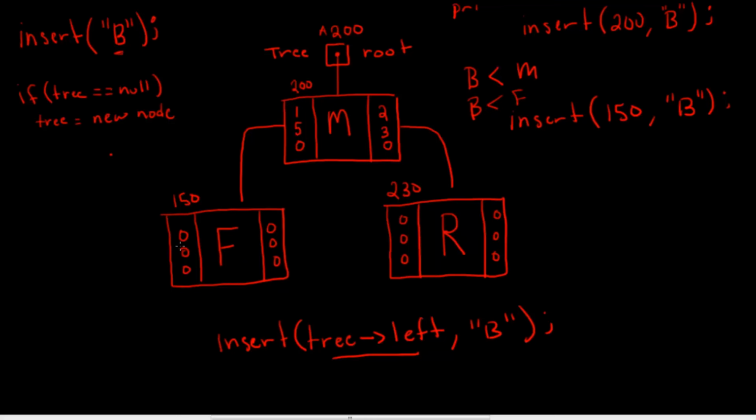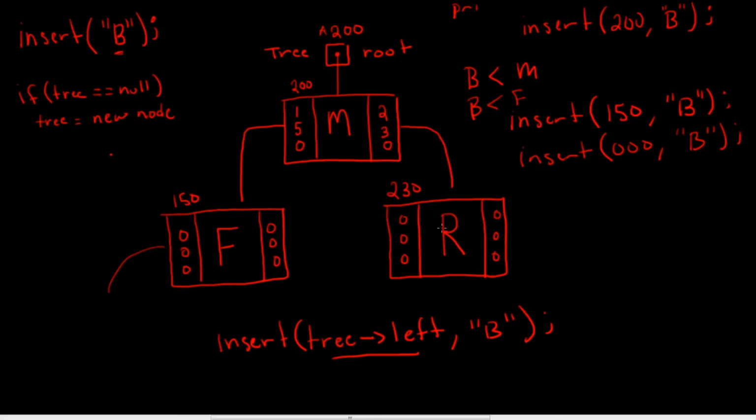So we're going to have to go left again. We're going to recursively call insert, but call it again on tree left. Tree left at this node is 000, which is null. And then we pass the value.